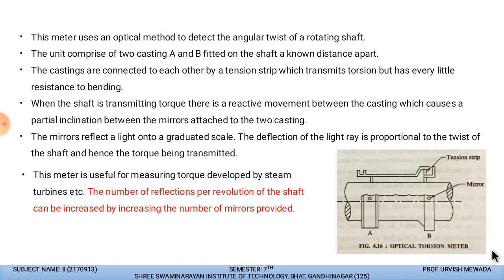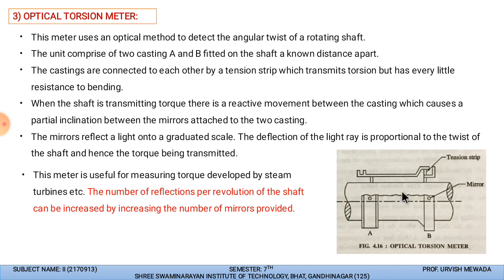So let us discuss the next topic of the measurement of the torque: the optical torsion meter. This is the setup of the optical torsion meter. This is the mirror which is mounted on the shaft, and this is the tension strip which is also mounted on the shaft.